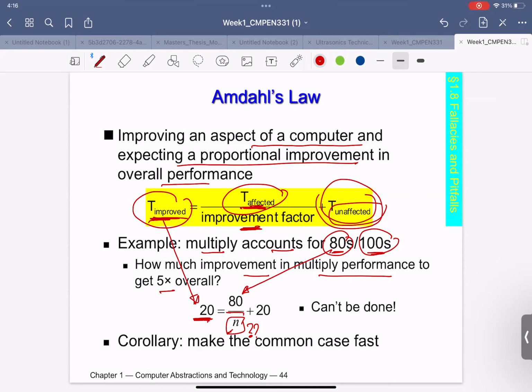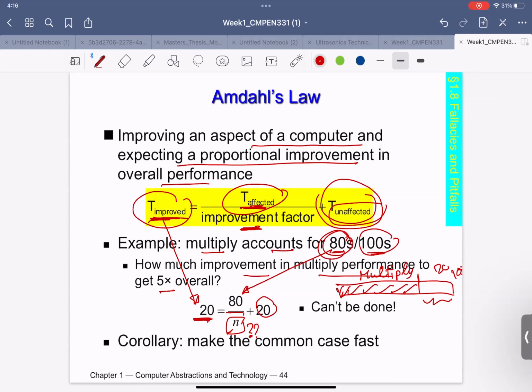What is the T unaffected? I'm telling you that this whole task is 100 seconds, and out of this 100, you have 80 seconds for multiplication. Correct? What is the T unaffected? Do you remember the 40 in that example? Here it is 20. So 20 unaffected.